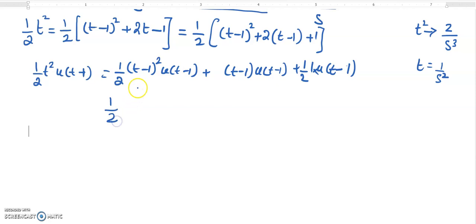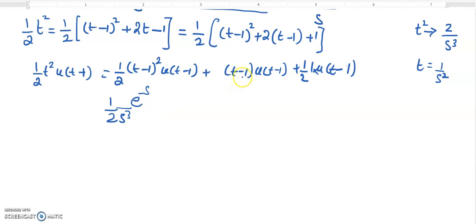So I will write it: 1 over 2 into s cubed, so 1 over 2s cubed, and for u(t minus 1) it will be e power minus s.